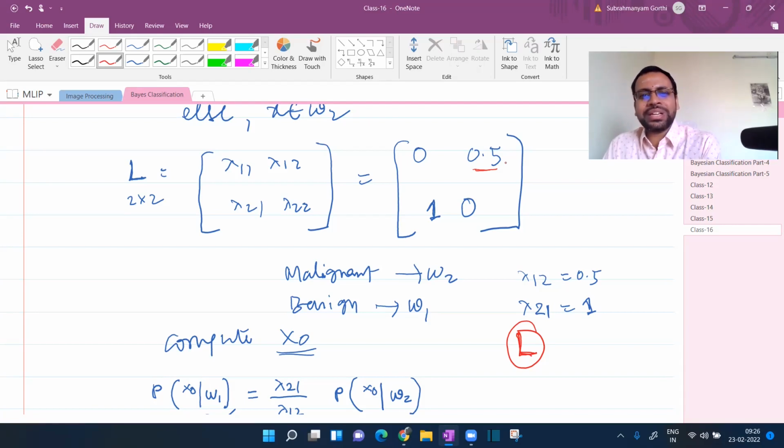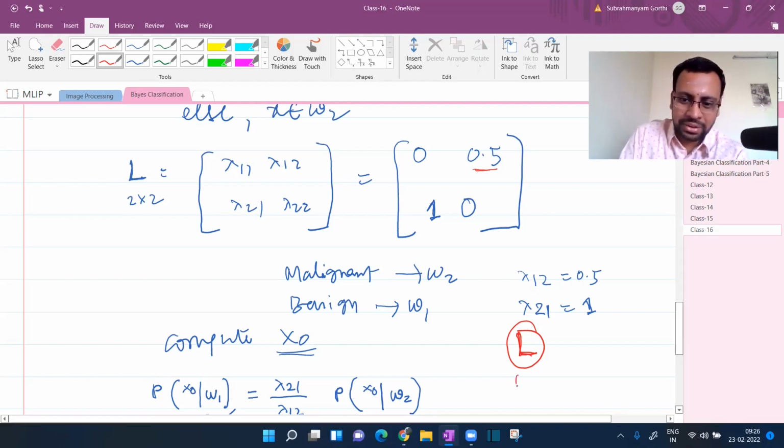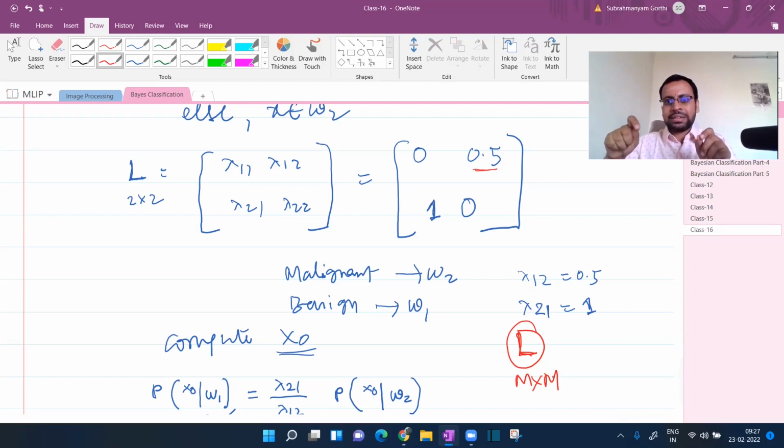So I tell you that the number of classes is m. Now tell me what is the size of this matrix. M cross M. Very good. Because for each class, this matrix has to tell, if I put it into some other class, what is the penalty that I am going to impose?